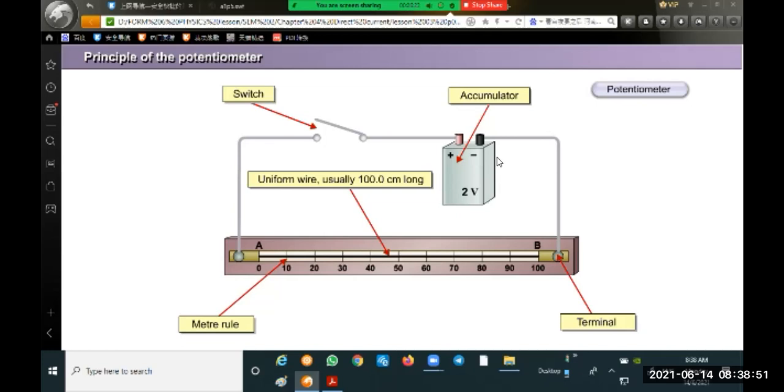Why? Because an accumulator can produce higher current and can give more stable current compared to the battery.